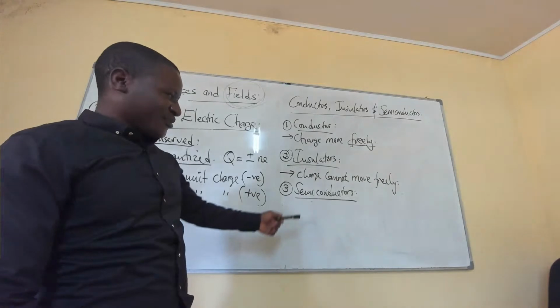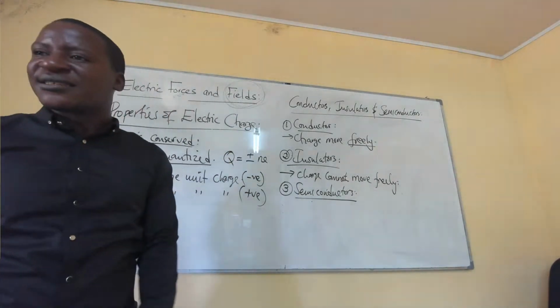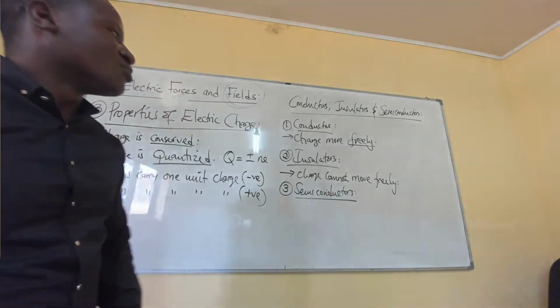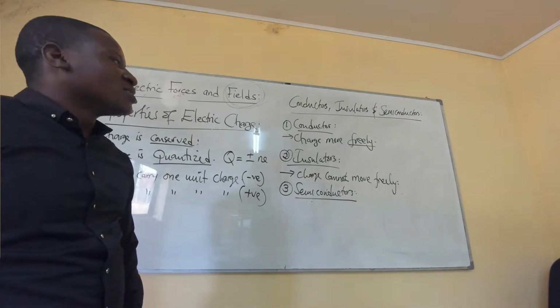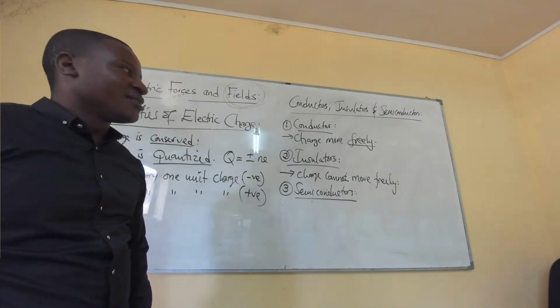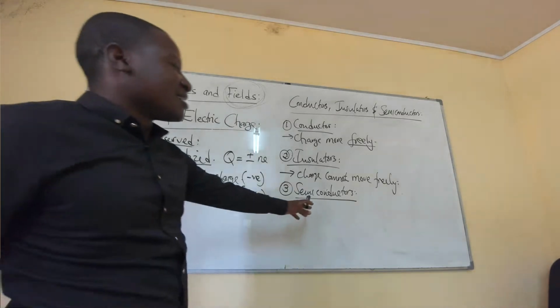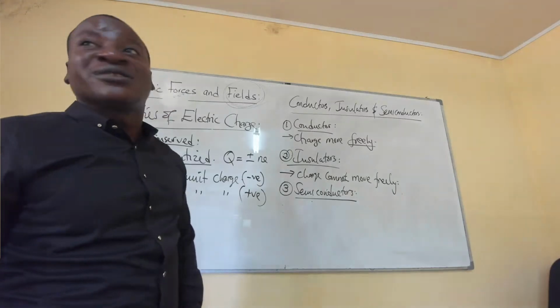Of course, the ones that are going to do physics at a higher level, you understand this so well and how they operate. So semiconductors are actually very useful in today's technology because this is what has given birth to what is called nanotechnology and what we are using today.